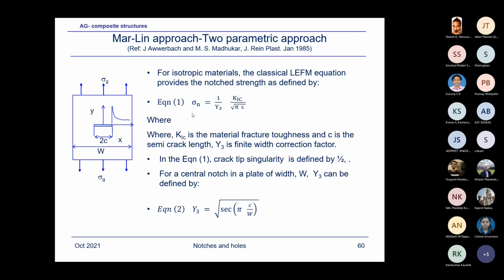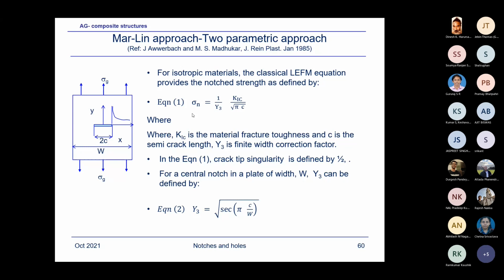This is the standard equation from linear elastic fracture mechanics for isotropic material, where the stress singularity you see, root pi c, is what we call the root singularity. This is under root or 1/2 singularity.